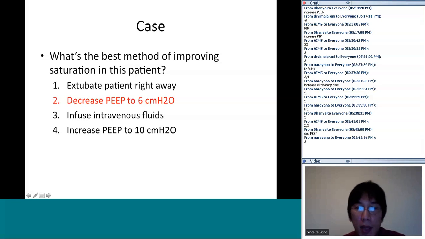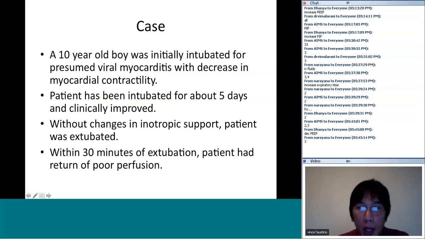I'm a minimalist, so if you know that 6 works, I would just go down and try to avoid giving more fluids. Again, one of the issues in these patients, they can be very fluid overloaded, and you may have issues taking that extra fluid out. But this is not a completely absurd answer. Okay, next question.